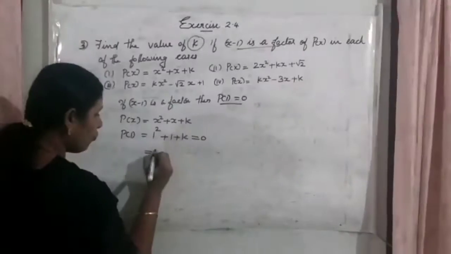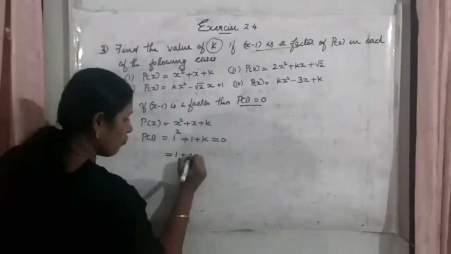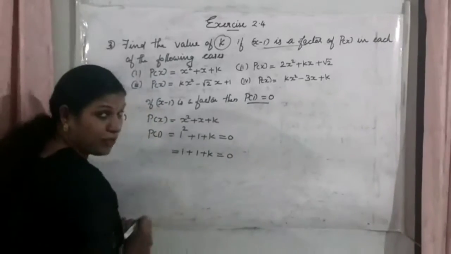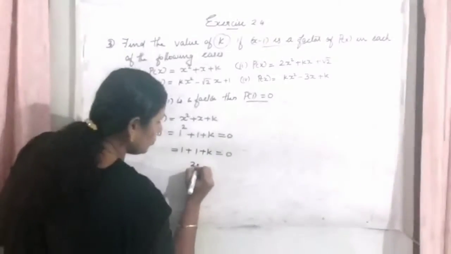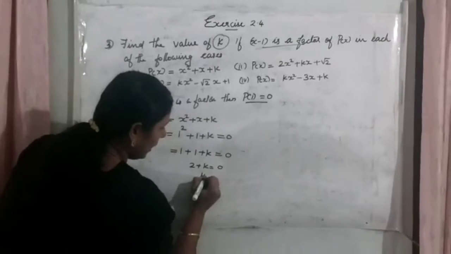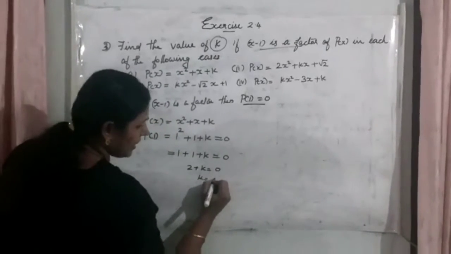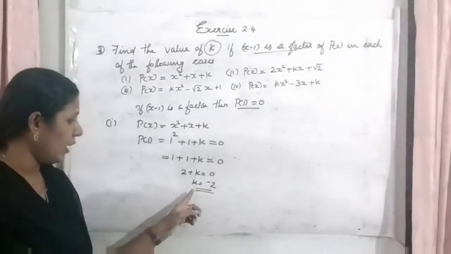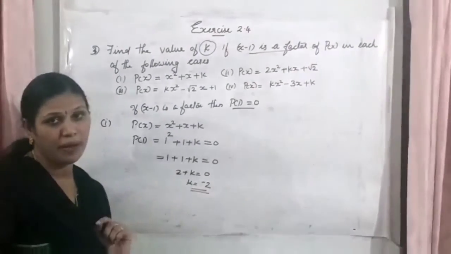Now we get 1 plus 1 plus k equals 0. 1 plus 1 is 2. 2 plus k equals 0. Then k equals, moving the 2 to the other side, minus 2.